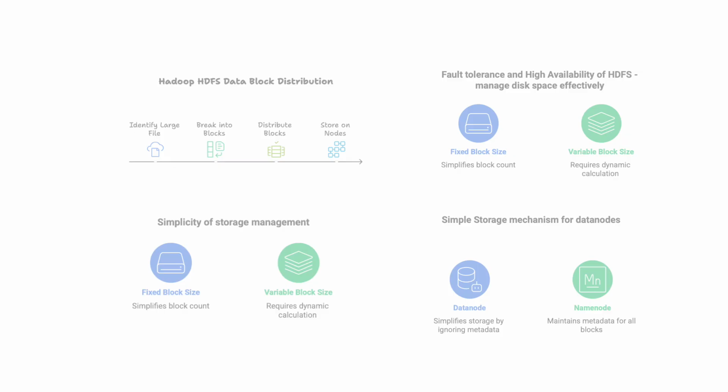So it is less overhead for the data node, wherein the name node takes care of all the overhead of metadata ops related details. So those are all the advantages of HDFS in Hadoop.